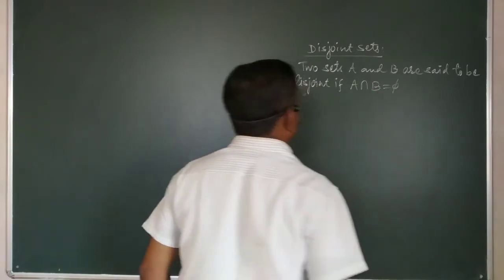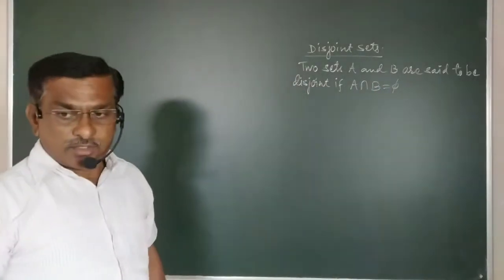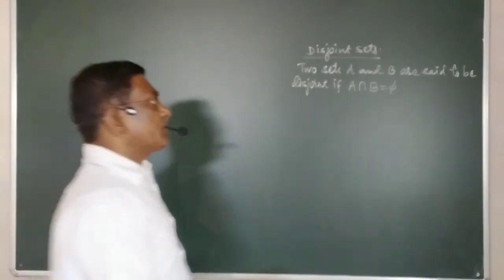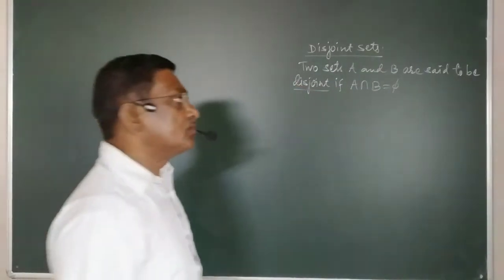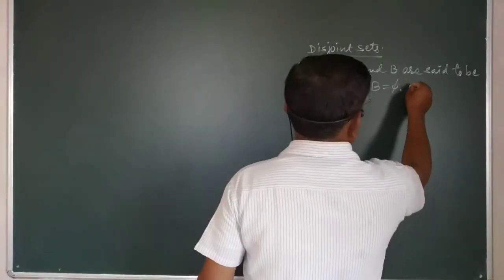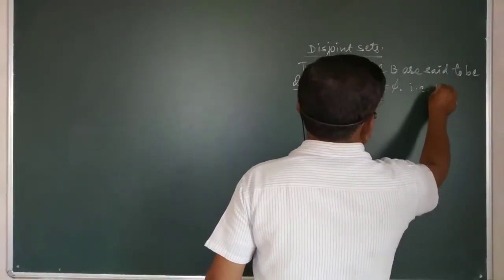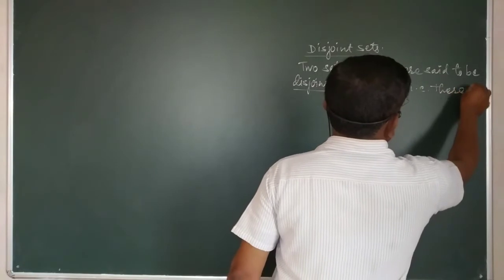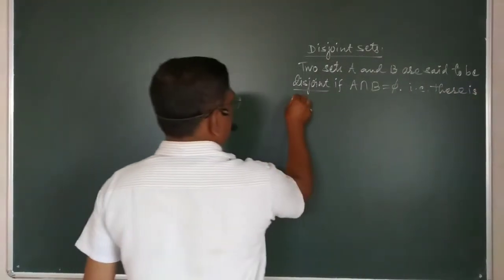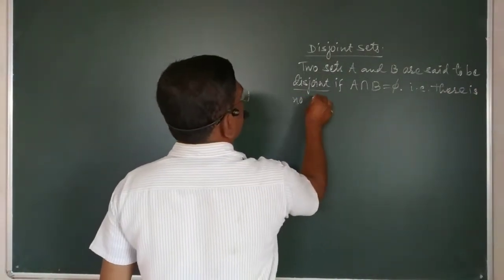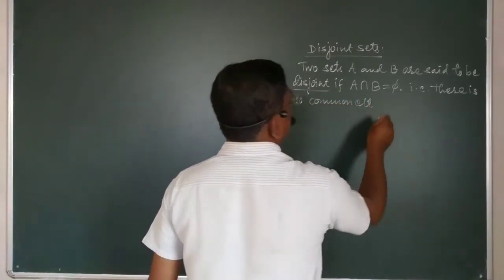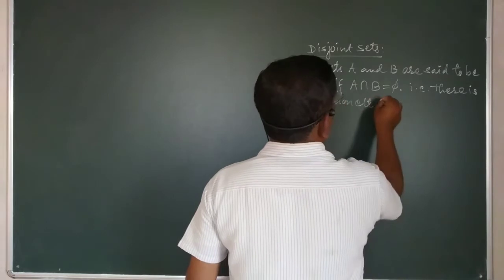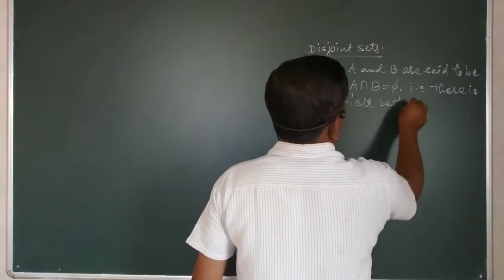Empty set. Two sets are said to be disjoint if A intersection B is equal to the empty set. That is, there is no common element between A and B.